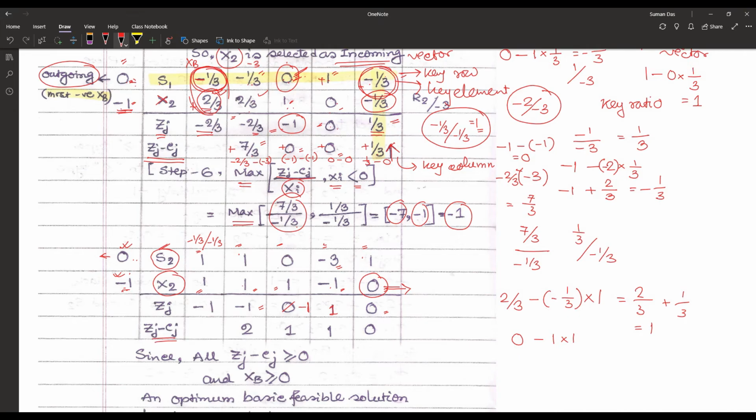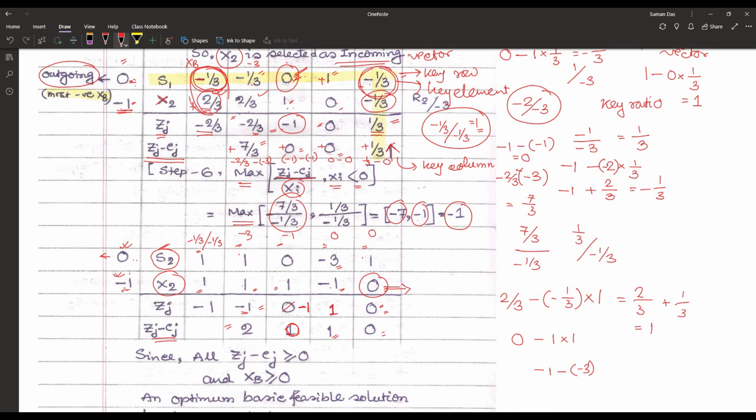And Zj minus Cj, that is minus 1. Here the Cj was minus 3, so minus 1 minus minus 3, the result is 2. Here that one is minus 1 and here that one is minus 1, so the result is 0. Finally minus 1, the coefficient was 0, so that is 1, and 0.